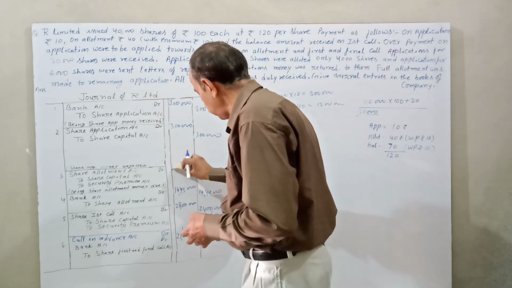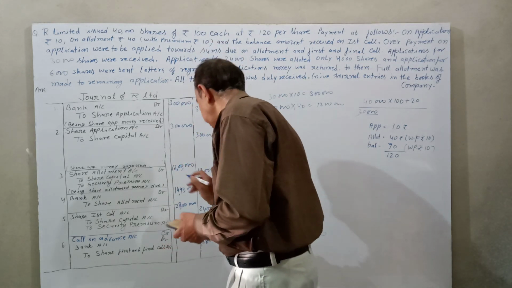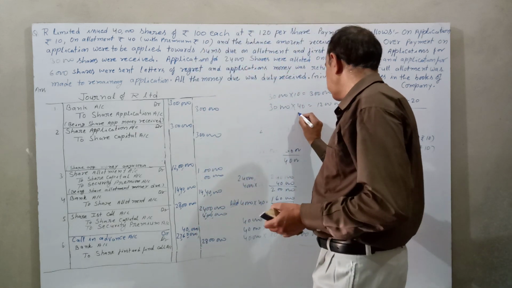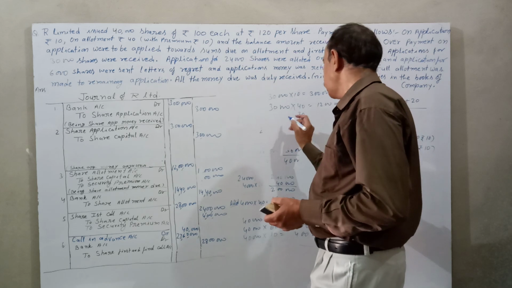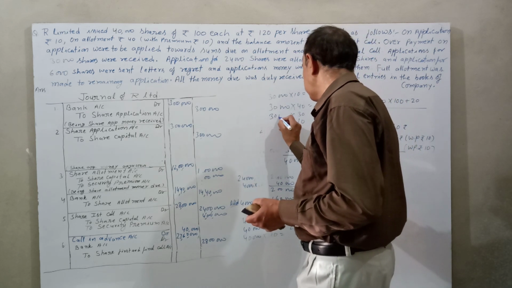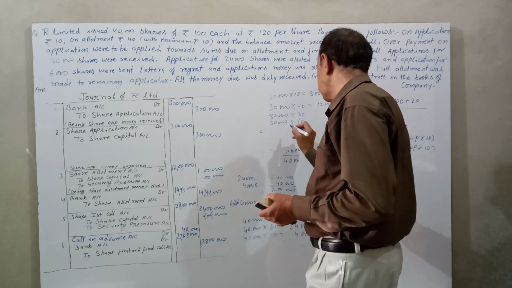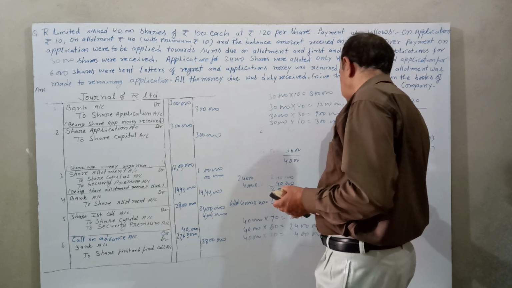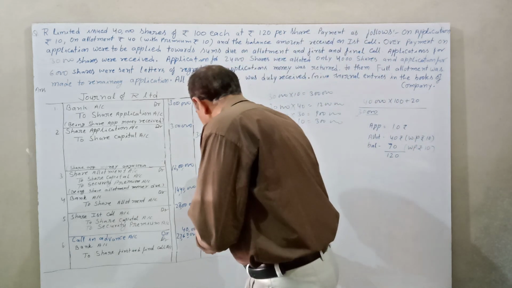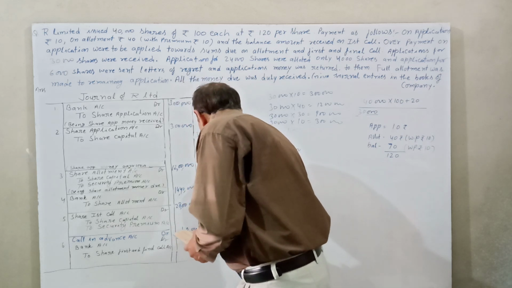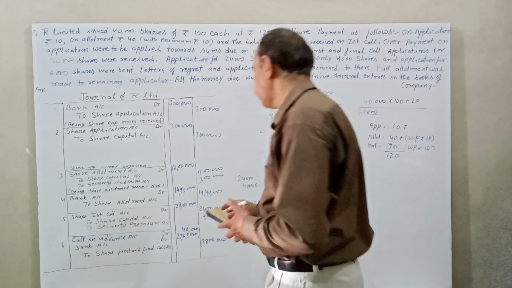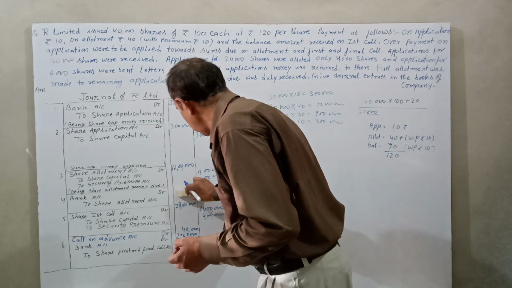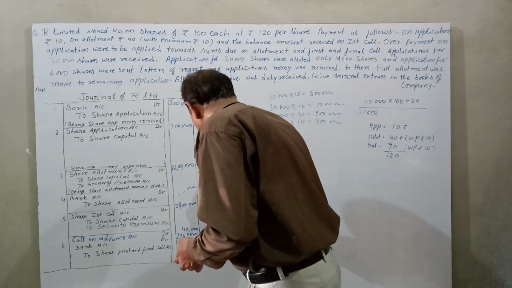And for security premium, out of 40, 30 rupees is capital and 10 rupees is premium, multiplied by 30,000 received application shares: 9 lakh and 3 lakh out of 12. 9 lakh is capital and 3 lakh is security premium, and a total of 12 lakh is received by the company.